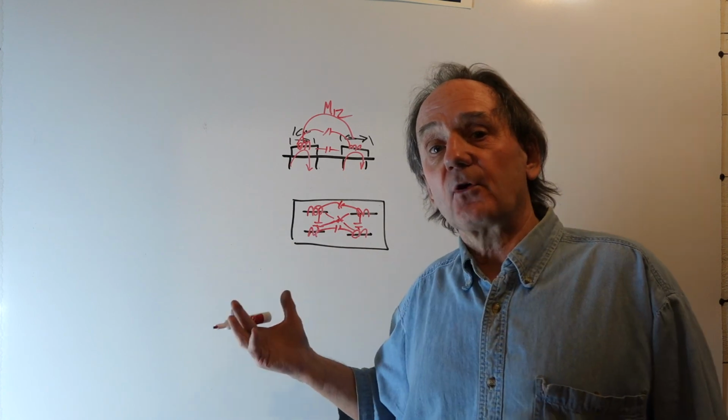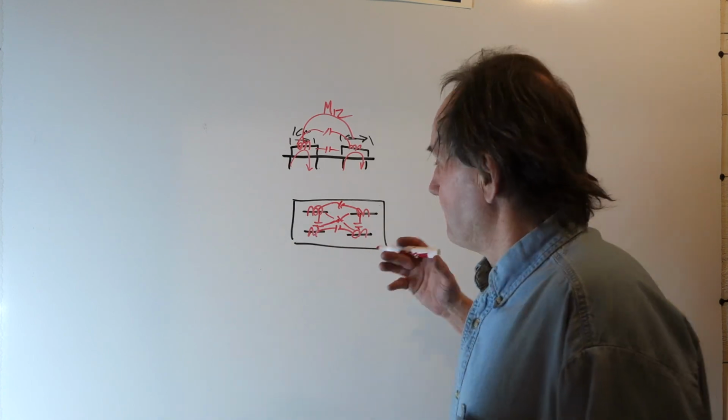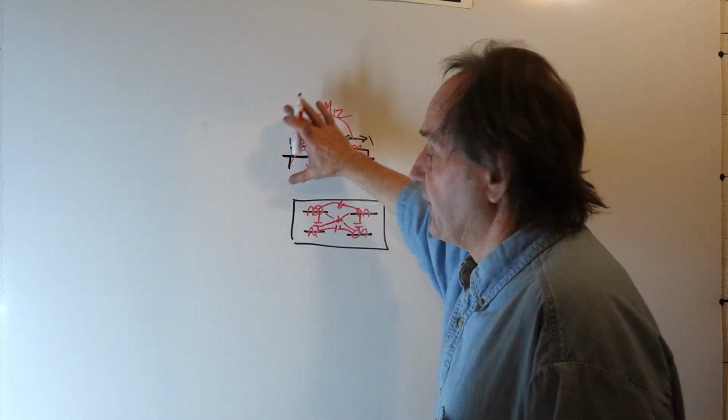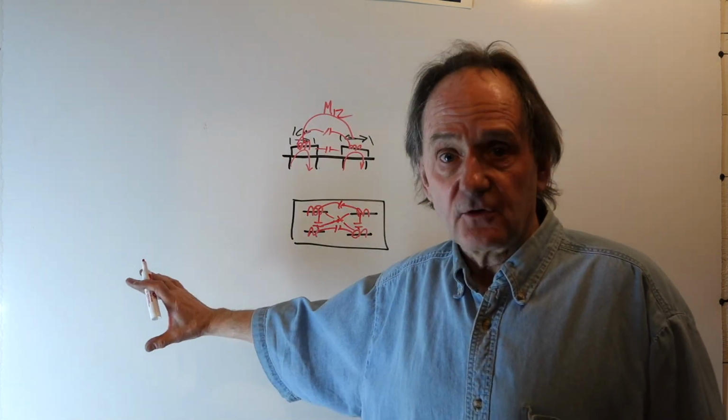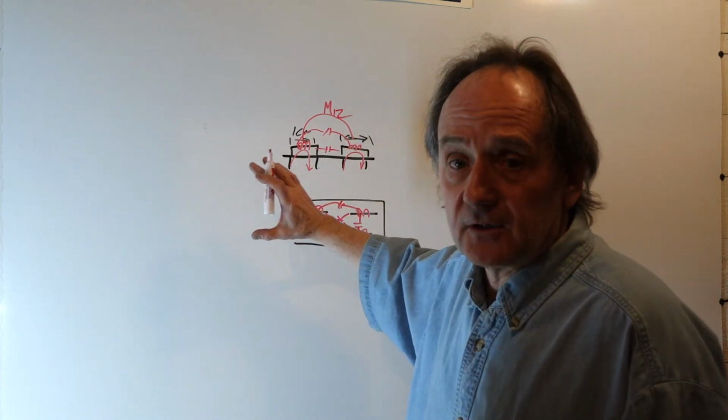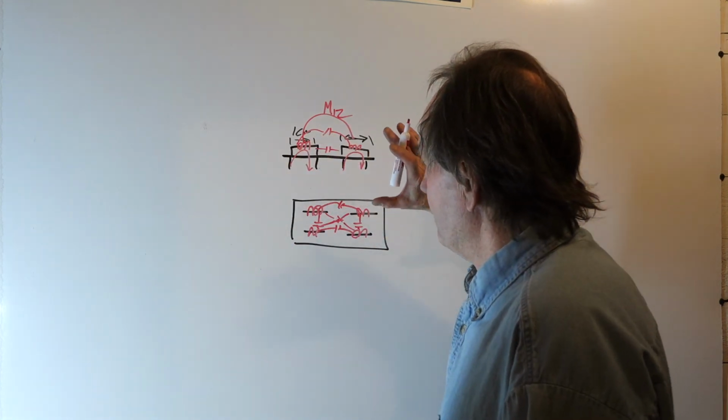As good as CAD programs are, and circuit simulation programs, they fall flat on their face when you start getting into the sub-ppm range and parts per million. You have to really know what you're doing.